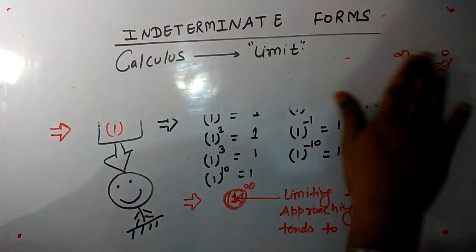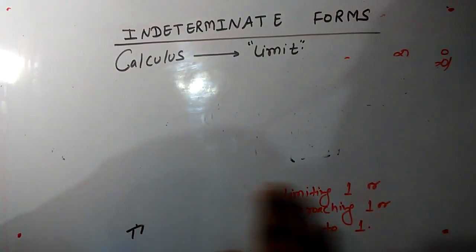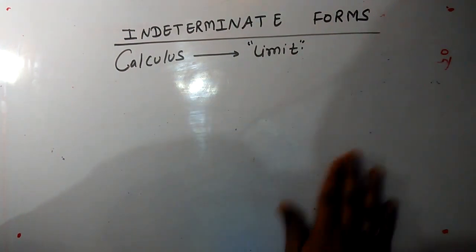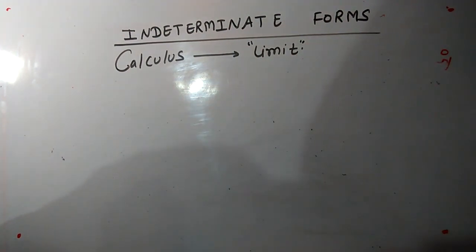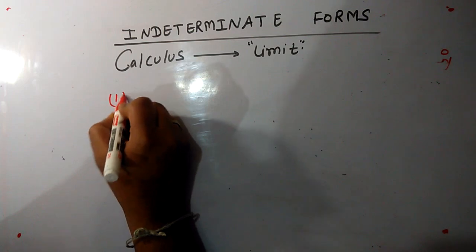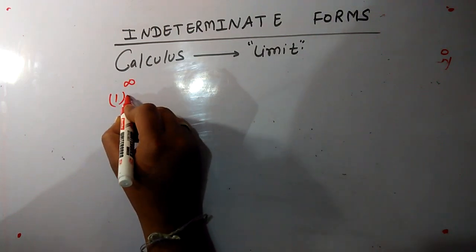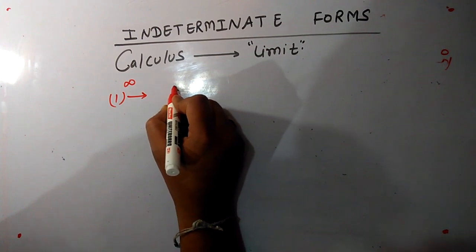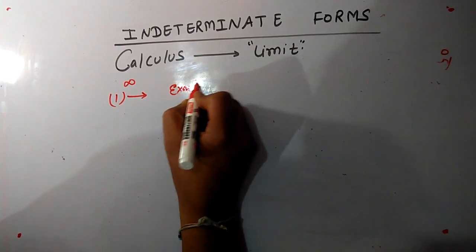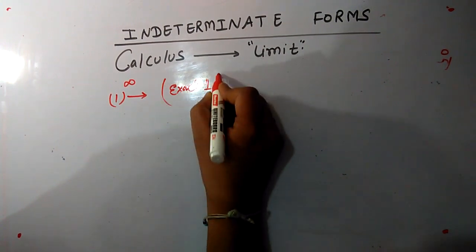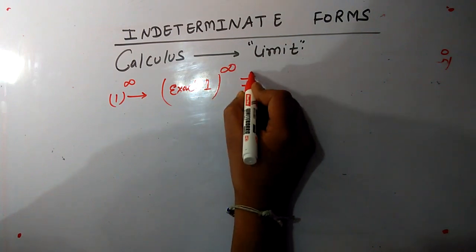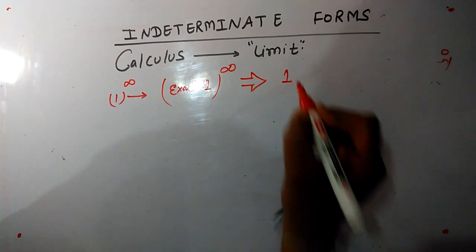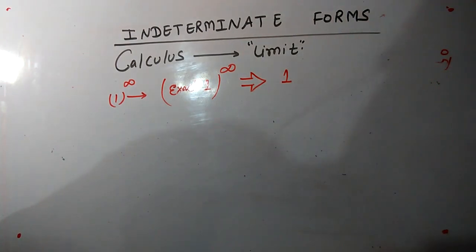Okay, so let me erase. The 1 raised to power infinity form. I am saying that if this 1 was exact 1 raised to power infinity, then no problem, no doubt, its value will be 1 always.